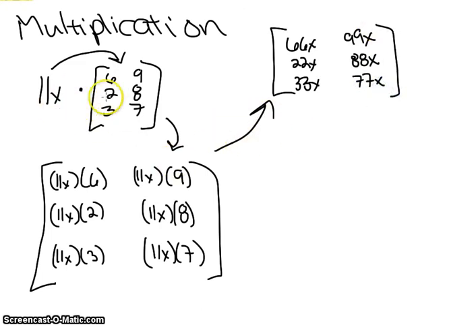So, as you can see, our original problem here went to our final product here through these little steps. So I'm going to do one more example to show you multiplication, and then I'll end the video because that's all I was going to cover.